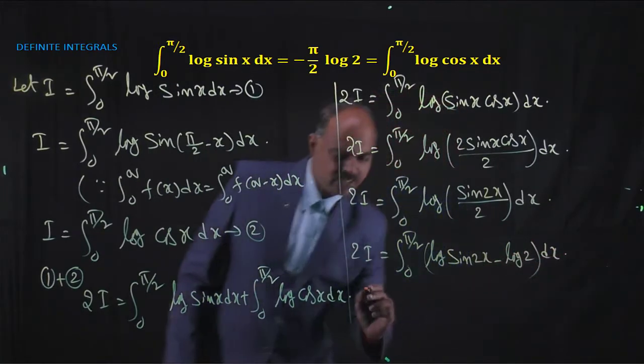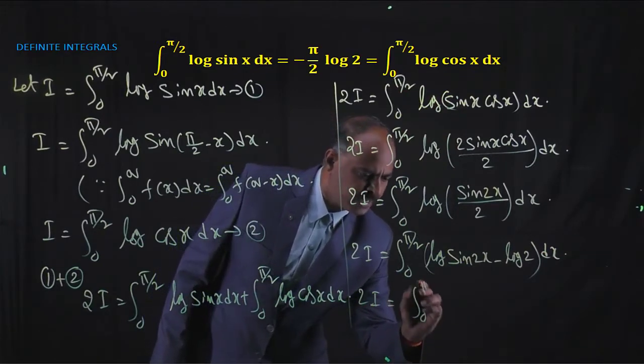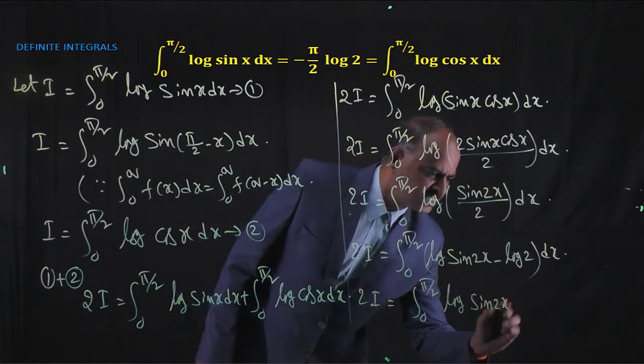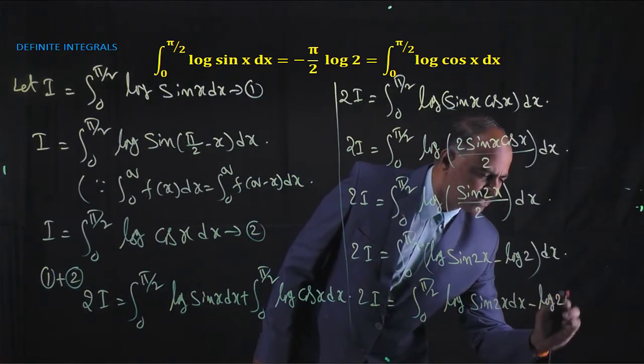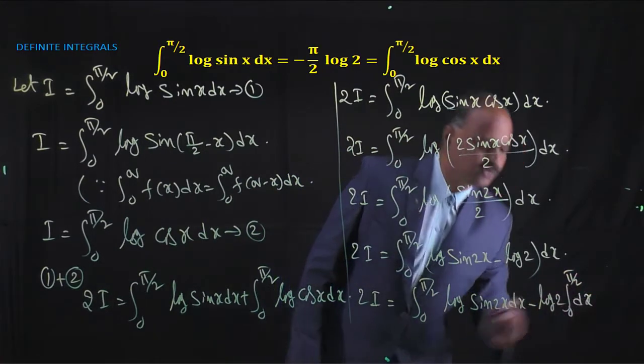Now 2I equals integral 0 to pi by 2 log sin 2x dx minus log 2 into integral 0 to pi by 2 dx.